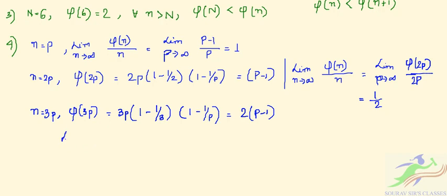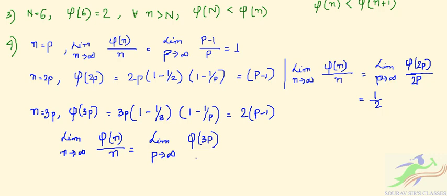So the value of the limit as n tends to infinity of phi of n by n is equivalent to the limit as p tends to infinity of phi of 3p by 3p, which comes as 2 by 3.